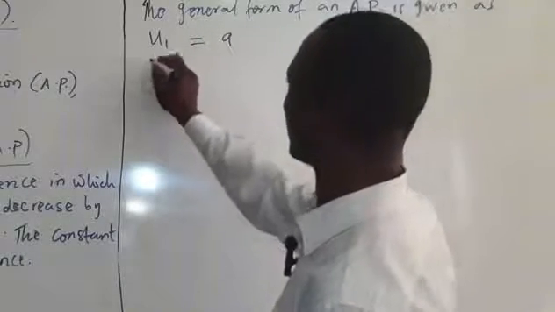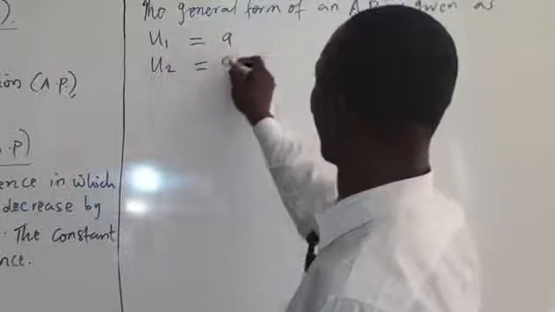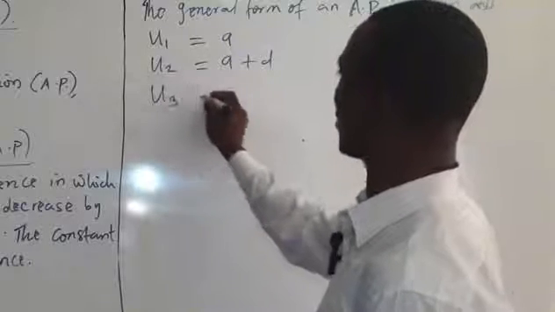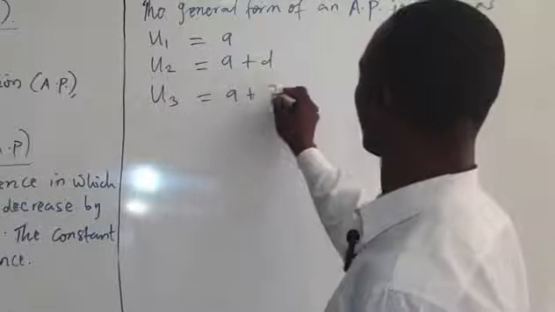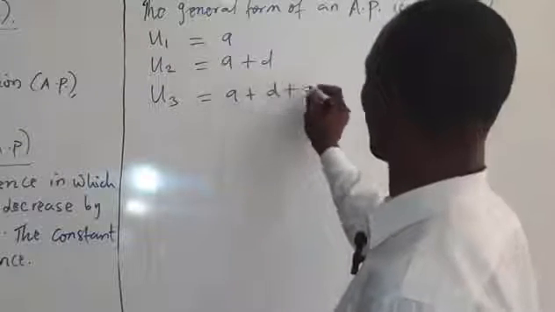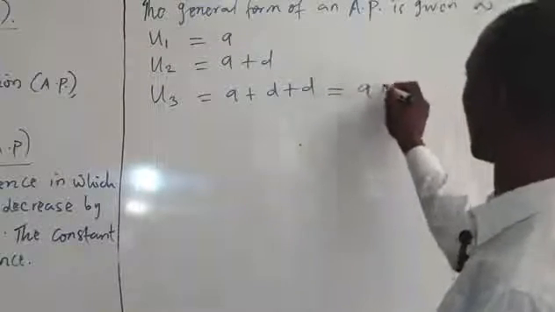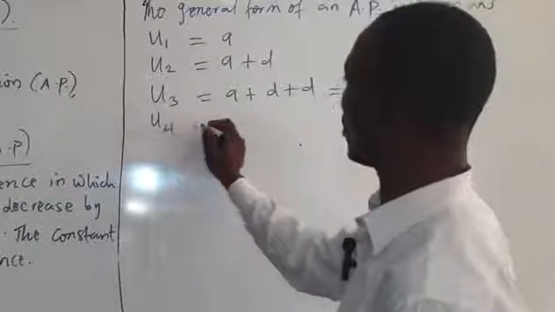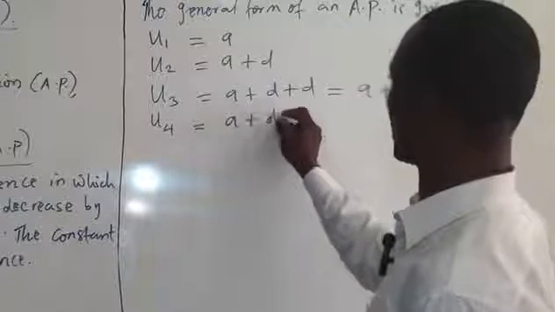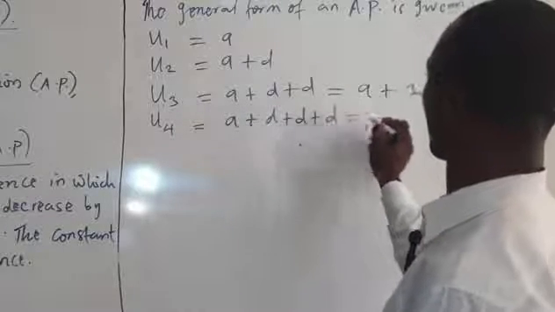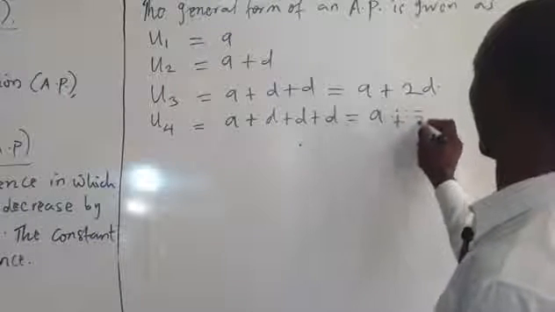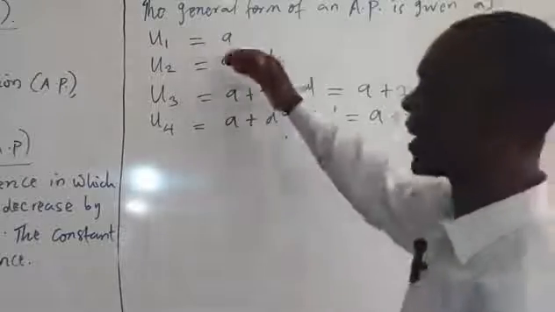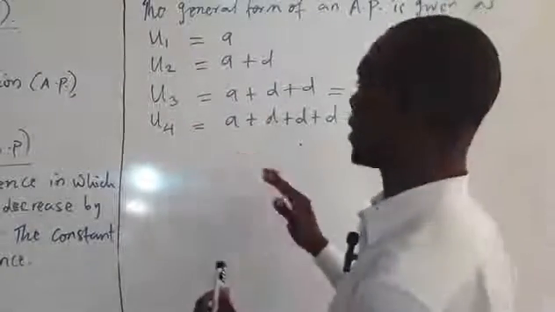The second one is U2, which is A plus D. Then the third term is U3, which is equal to A plus D plus D, which is the same thing as A plus 2D. Then the fourth term, U4, equals A plus D plus D plus D, which is equal to A plus 3D. So from this general form of an AP, we can generate the nth term of an arithmetic progression.